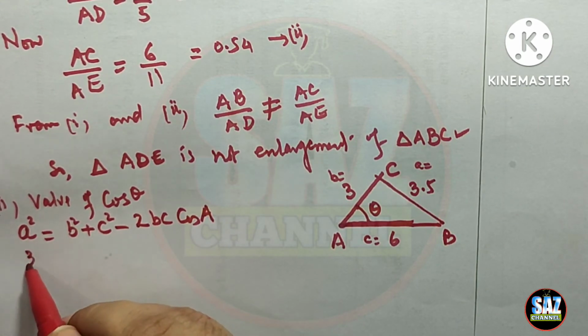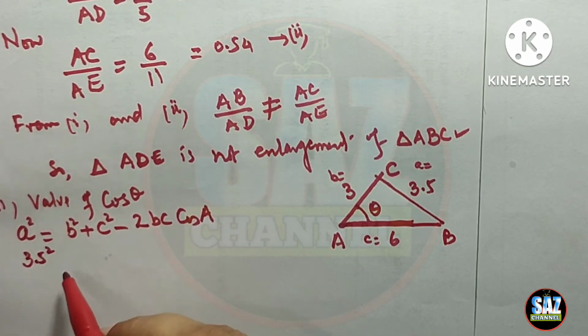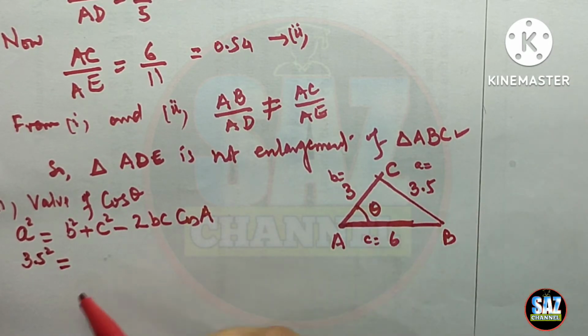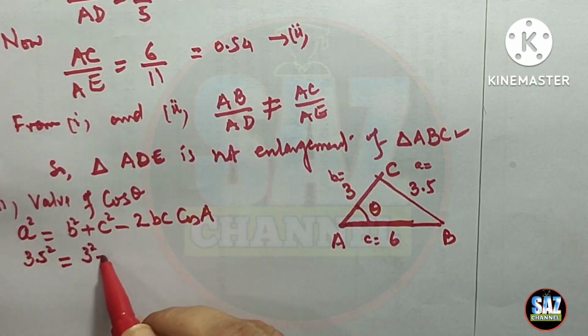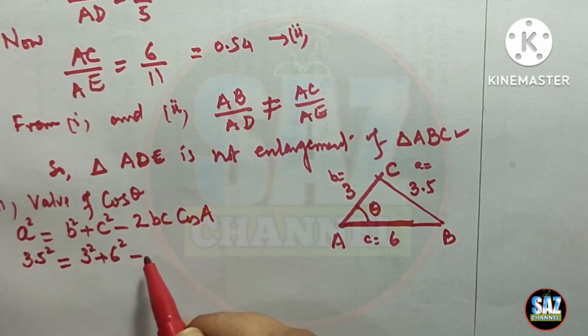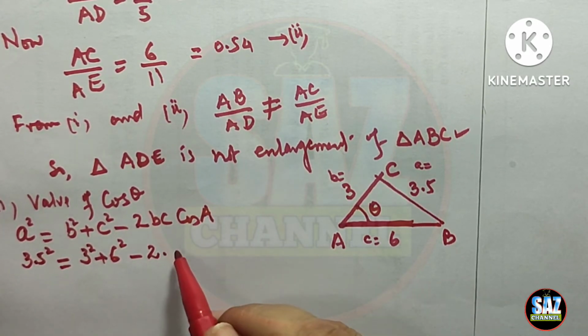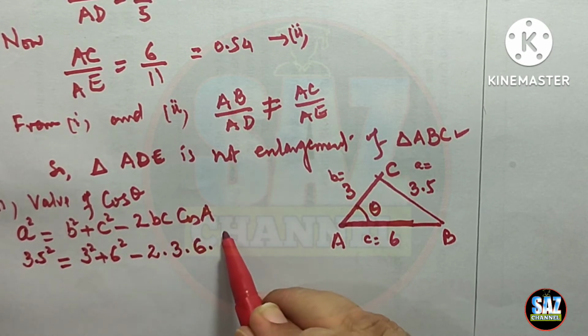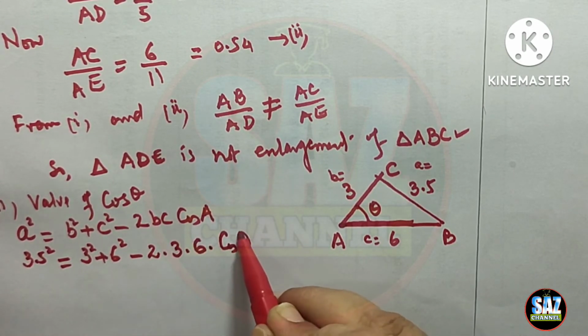This is 3.5. So 3.5 square equals 3 square plus 6 square minus 2 into 3 into 6, where the dot stands for multiplication, and cos of A, which is theta.